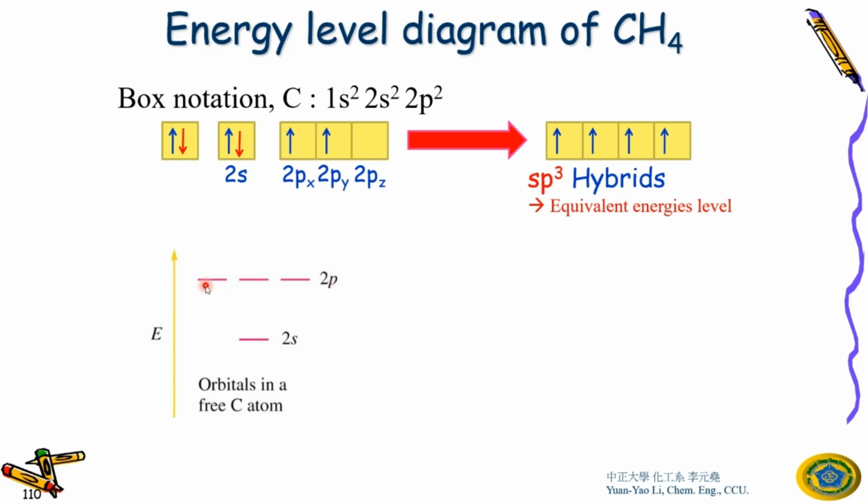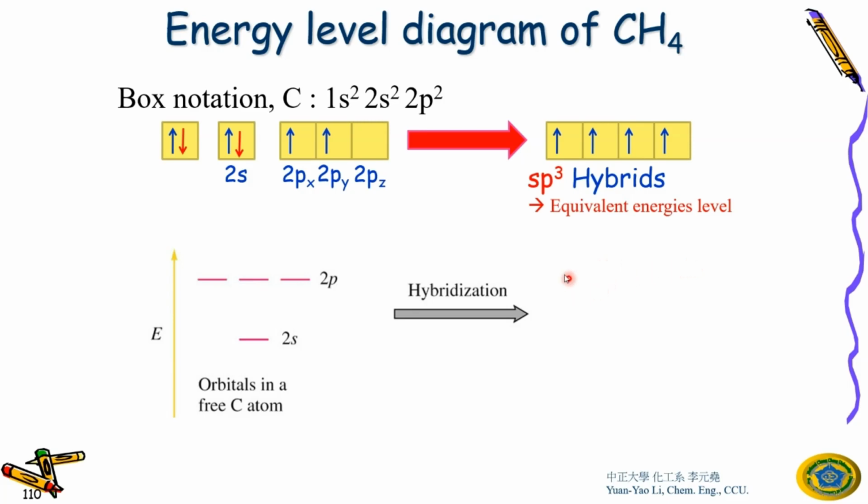So you have 4 energy states. Once you want to make the sp orbitals, how are you going to do that? You do the hybridization, right? And I have 4 energy states, so I need to draw the 4 energy states at the same energy level.